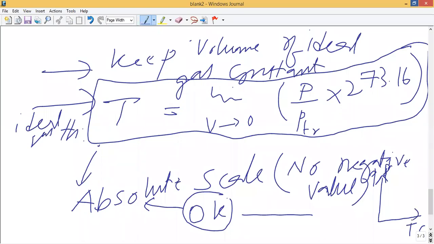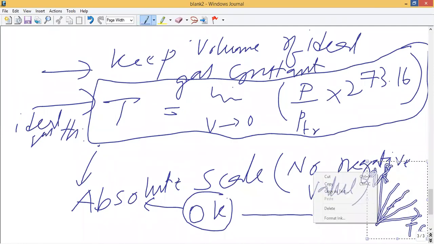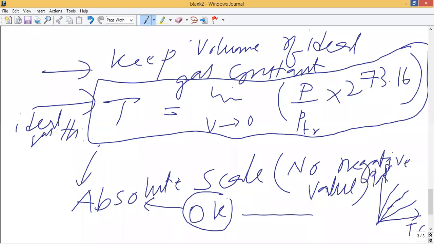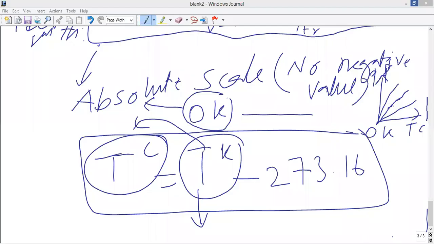Okay, so as gases are cooled down lower than 0 Celsius or 273 Kelvin, if you decrease temperature, eventually all gases meet at a point. Okay, that point is known as 0 Kelvin. Their volume and pressure are zero at that point.